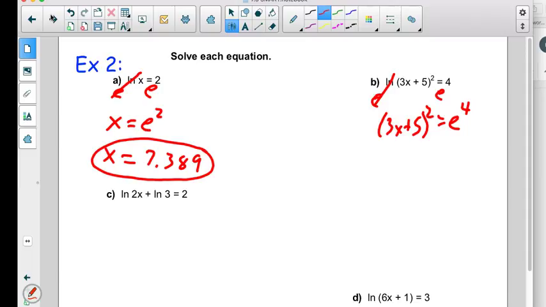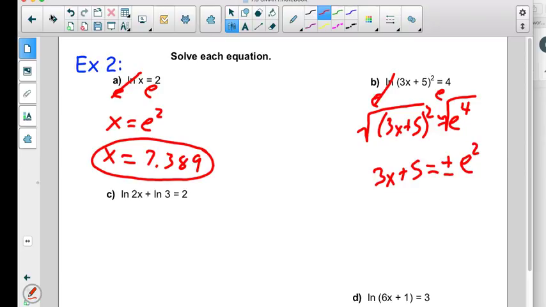How do you undo a square? Square root. So we're left with 3x plus 5 equals, and this one we have to be careful of. When you take the square root, you get two answers. Plus or minus e squared.